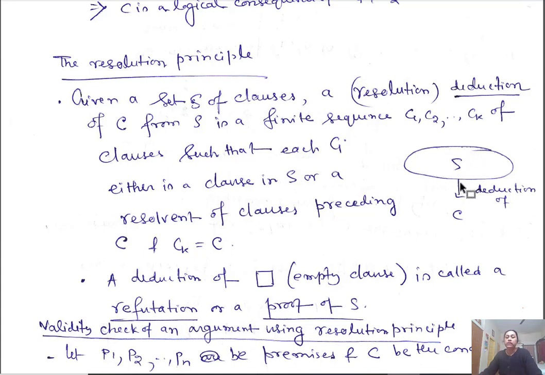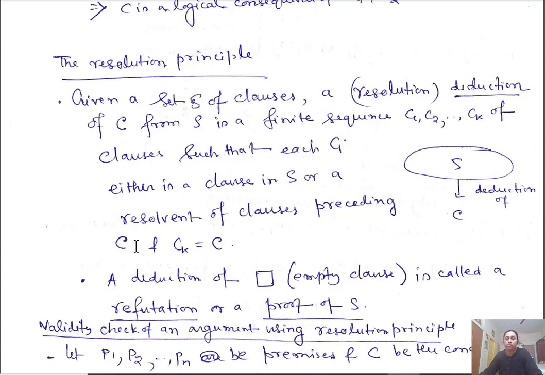Our deduction of C from this set is a finite sequence of clauses C1, C2, Ck, where these Ci's are either in this set or a resolvent of clauses preceding it.